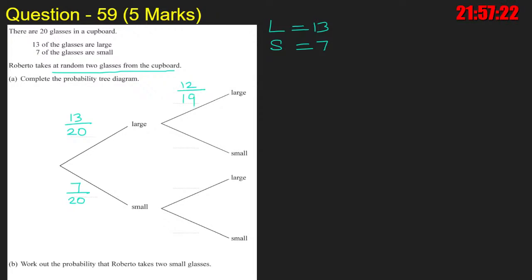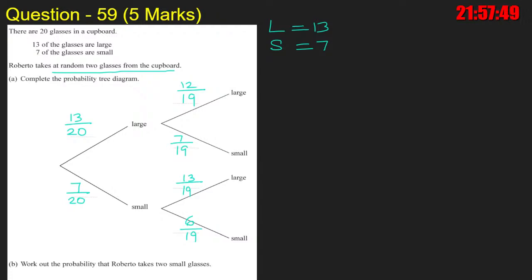If you are expecting small, previously large is taken, so 7 is going to be on the top, 19 at the bottom. And if you are expecting large, before which small is taken, 13 is going to be there over 19. And if you are expecting a small, before also small taken, so 7 take away 1 is 6 over 19. So that is decent marks given for 2 or 3 marks for that.